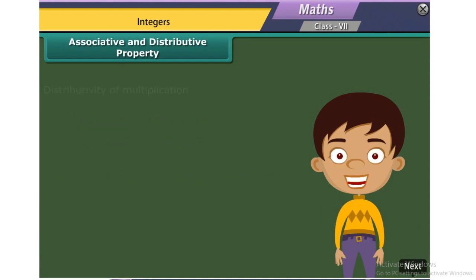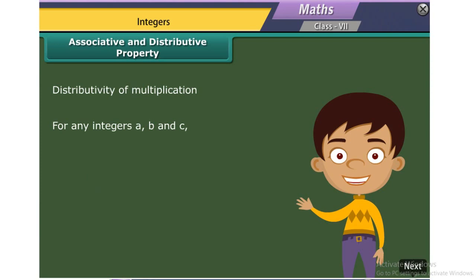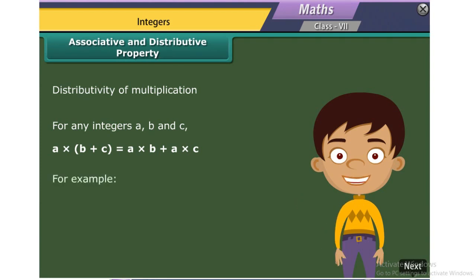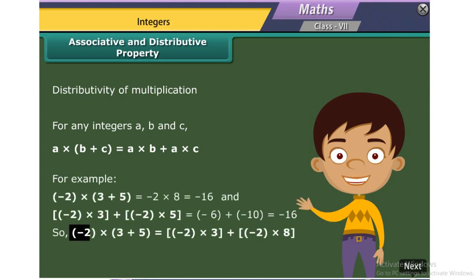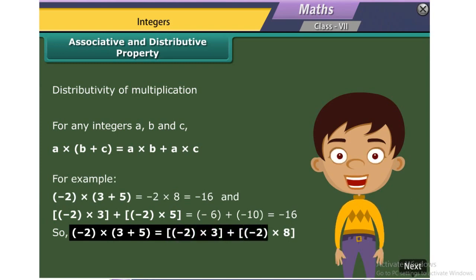Now let us move towards the distributive property of multiplication. For any integers a, b, and c, a into b plus c is equal to a into b plus a into c. For example, minus 2 into 3 plus 5 is equal to minus 2 into 3 plus minus 2 into 5.